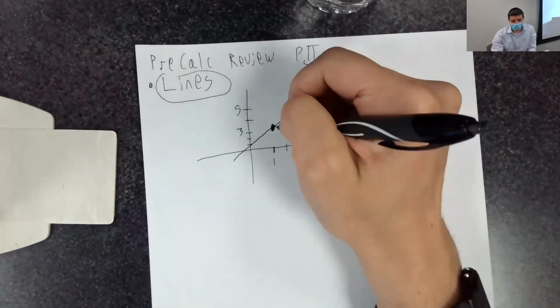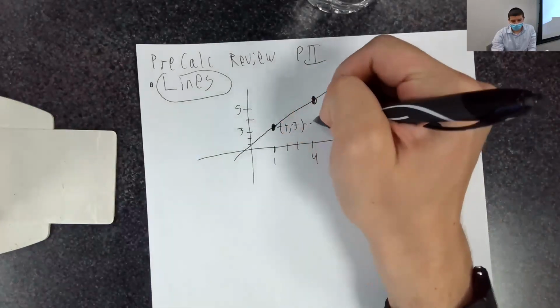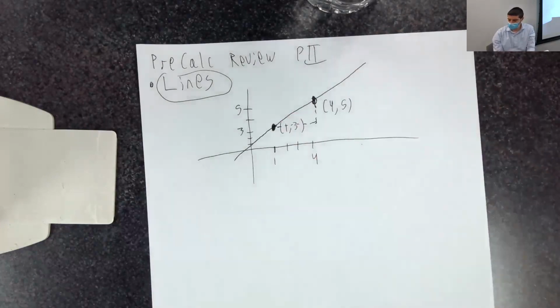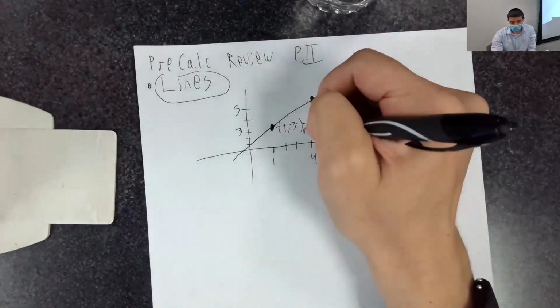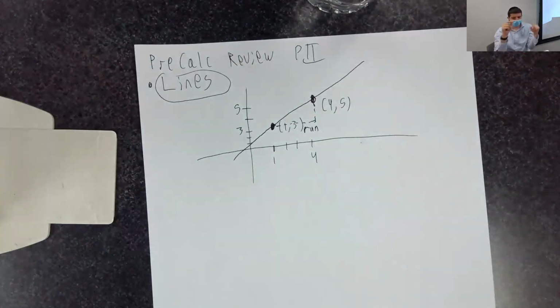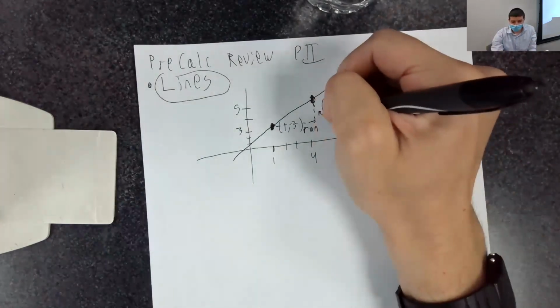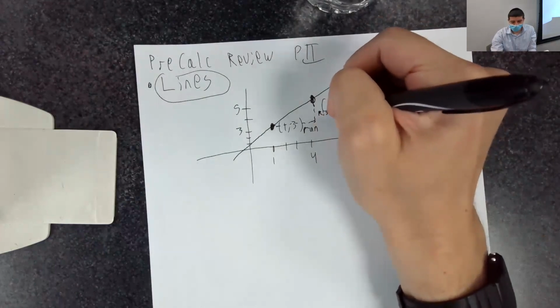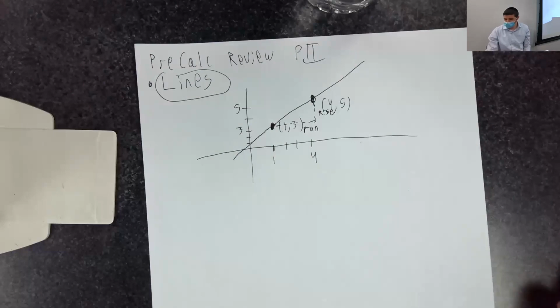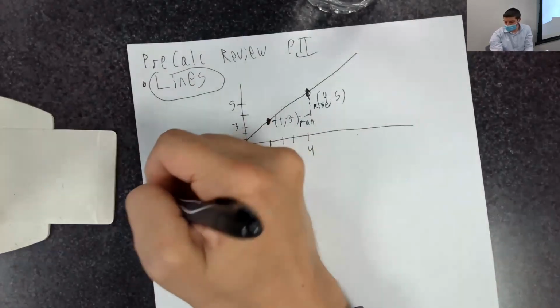How do we get that slope? Well, you need to measure, between the 2 points, the run, the horizontal distance, and then the rise. So that's how you get the slope.